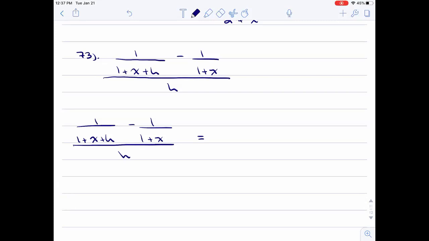If I need 1 over 1 plus x and 1 over 1 plus x plus h, I don't even bother looking at it too much. I just say, well, this term I'm going to multiply by (1 plus x) over (1 plus x). And this term I'm going to multiply by (1 plus x plus h) over (1 plus x plus h). So you can spend time going through it. But for me, I just, okay, I need to have this guy over here and this guy over here, is kind of how my mind works, at least.